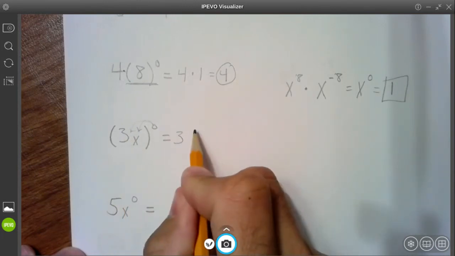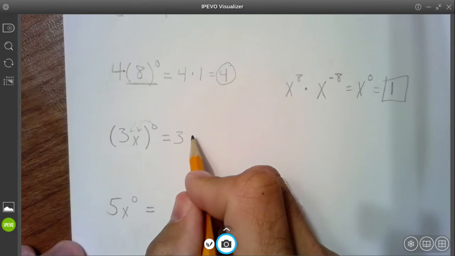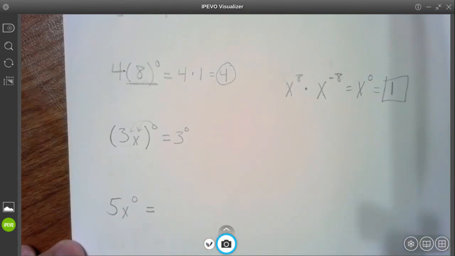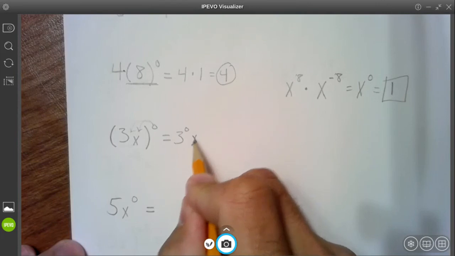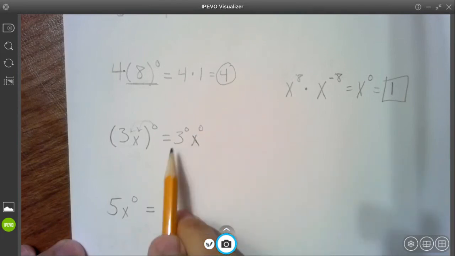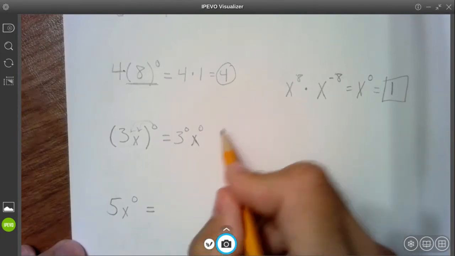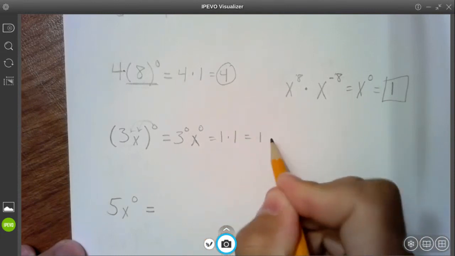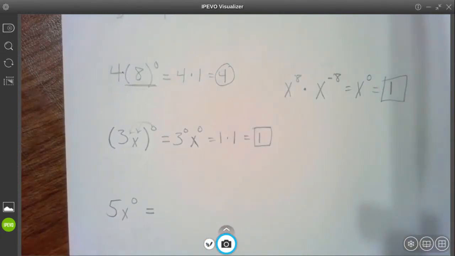All right, what do they call that? The product? No, it's the power to a power rule, I think, is where we talked about that. But what this is, it's 3 to the 0 multiplied by x to the 0, and each of these things are just equal to 1. So you have 1 multiplied by 1, which is 1. Okay.